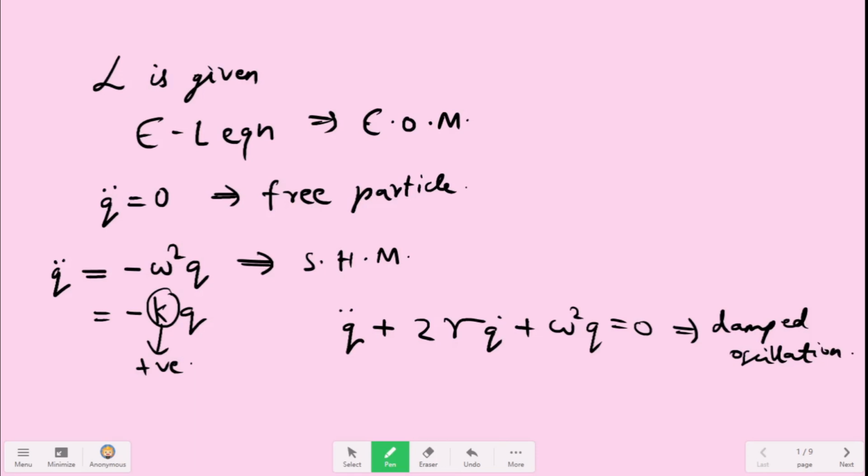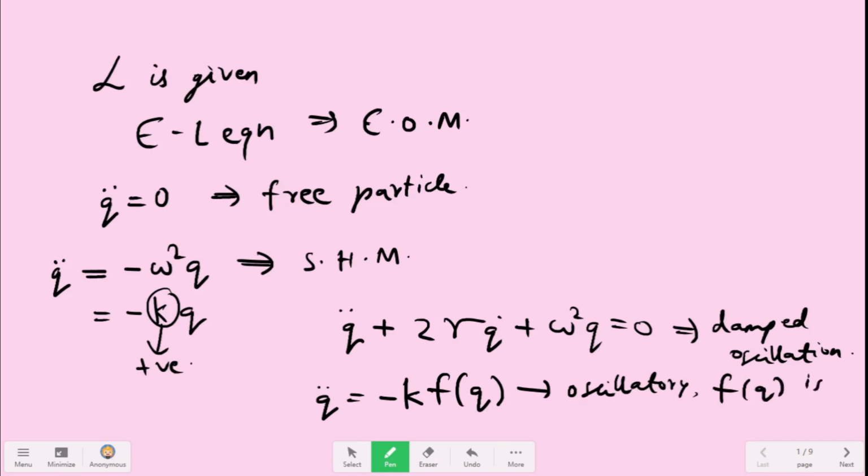If q double dot equal to minus k times some function of q, then this is oscillatory in nature if f of q is odd, and non-oscillatory if f of q is even.